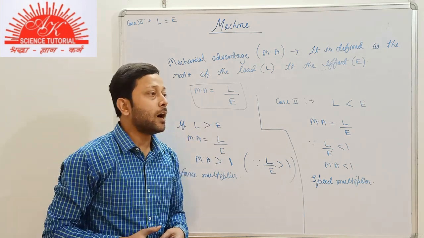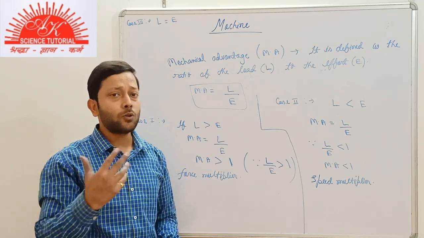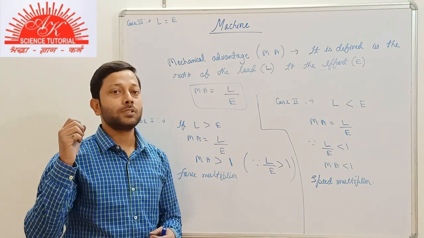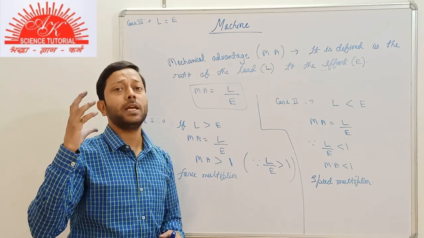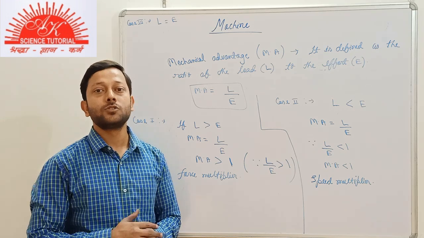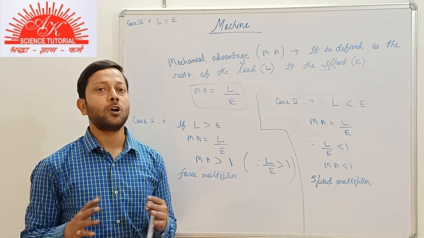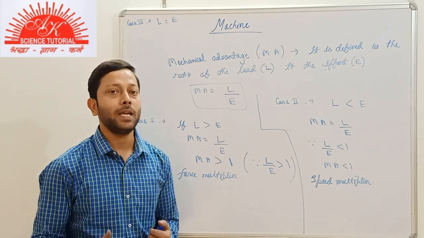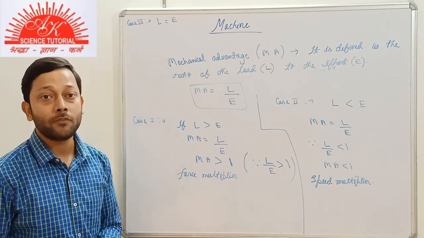If you are asked to draw a bucket filled with water out of the well, then you have to apply a force whose magnitude must be at least equal to the weight of the bucket itself. So there is no enhancement in force, the effort is not being increased, and the speed also is not being increased. There is no gain in speed. It only changes the direction of effort.